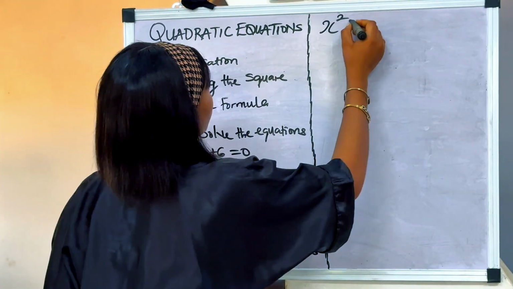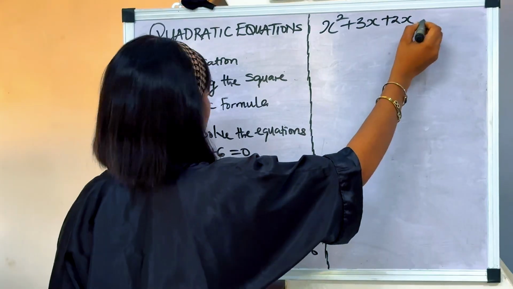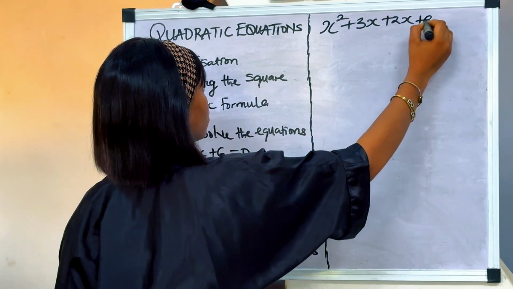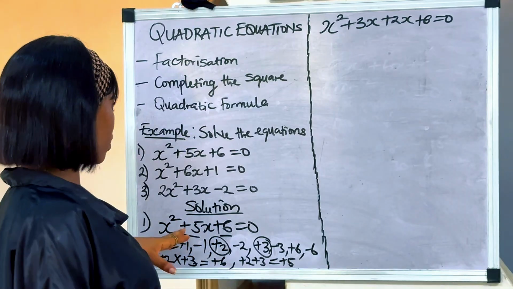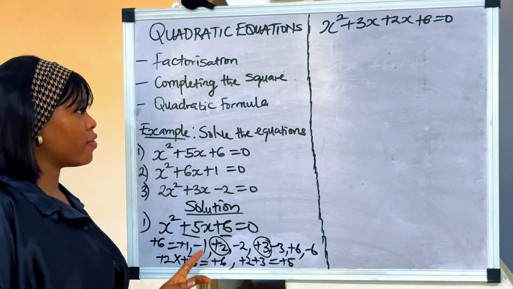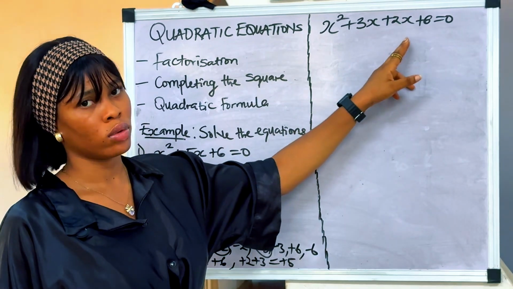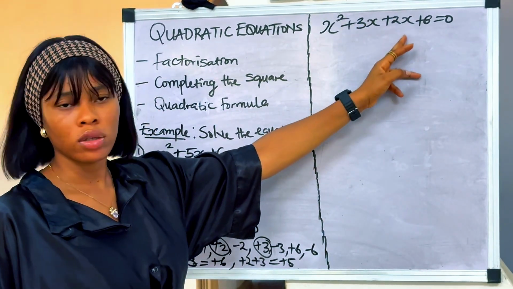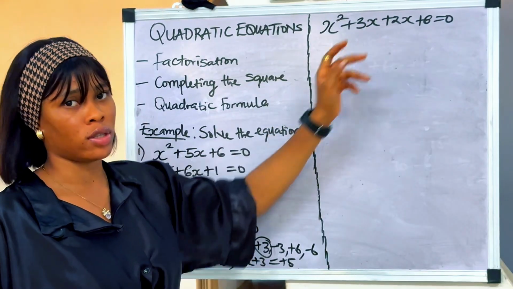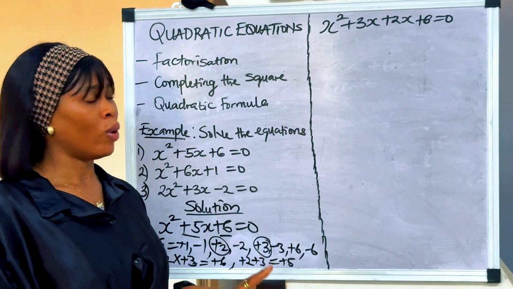So we have plus 3x plus 2x plus 6 equals 0. Instead of writing plus 5x, we are now replacing it with 3 and 2. And we know that plus 3x plus 2x gives us plus 5x. So we're still on track.